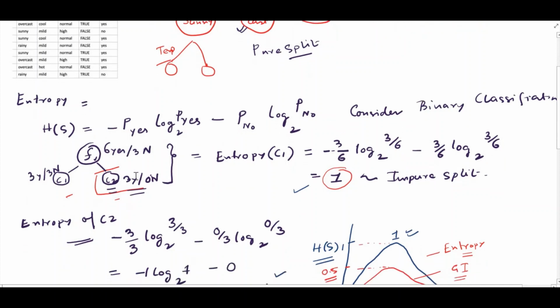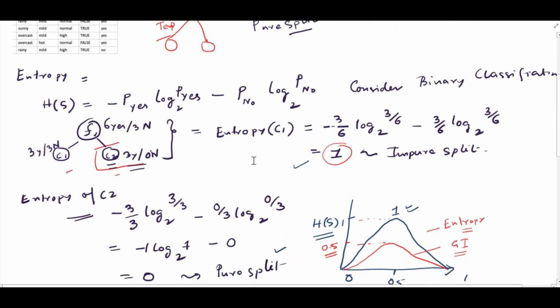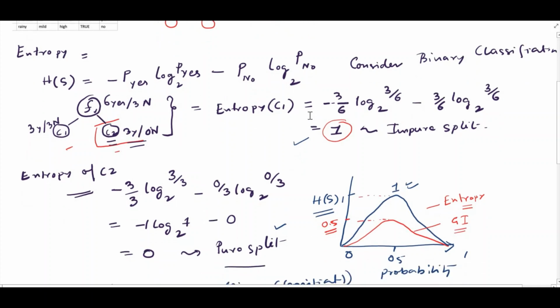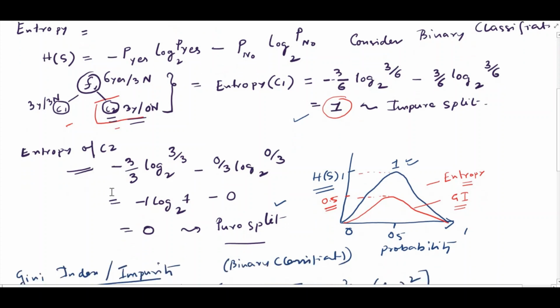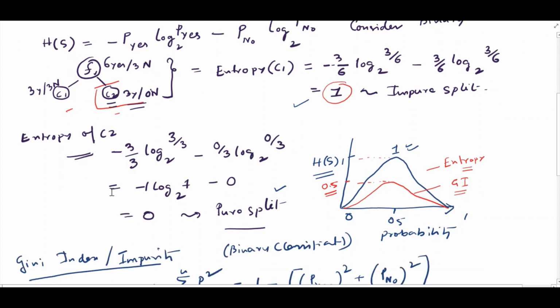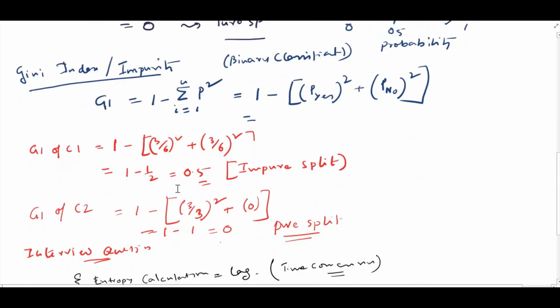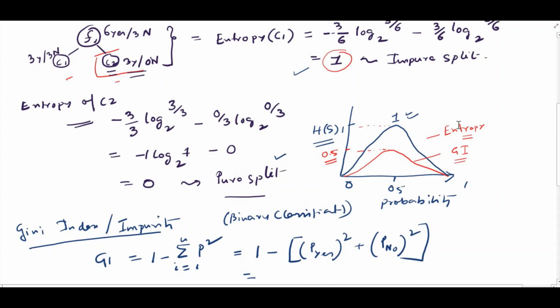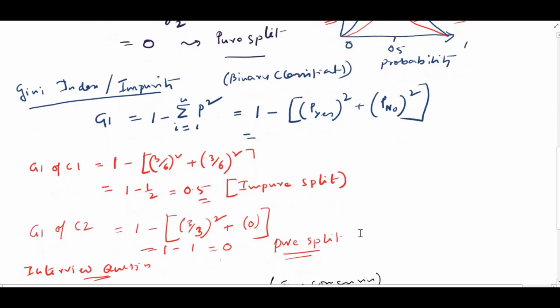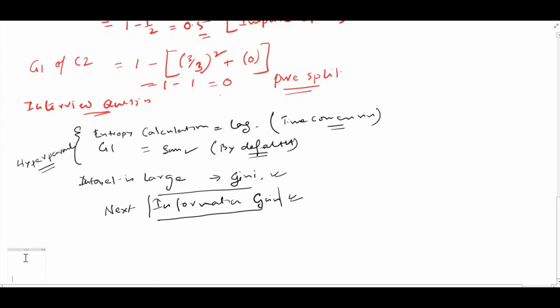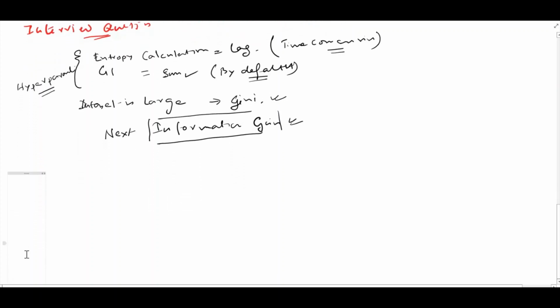I tried to make it very simple so that you can understand it. Again, we showed entropy of C1 and entropy of C2 using the entropy formula, then we calculated the Gini, and we presented the graph and the basic difference, and where the runtime cost depends on.